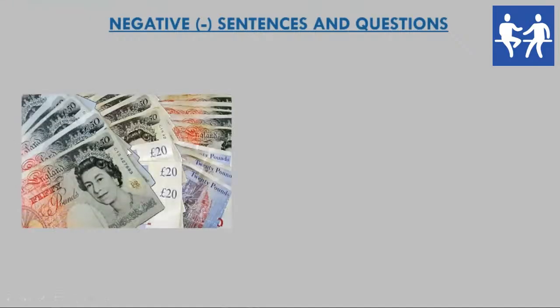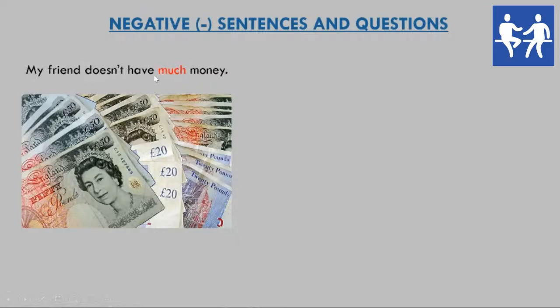So what about negative sentences and questions? Are they the same? Do they have the same rules? Let's have a look. Here's our money. Now it's not the same, is it? My friend doesn't have much money.